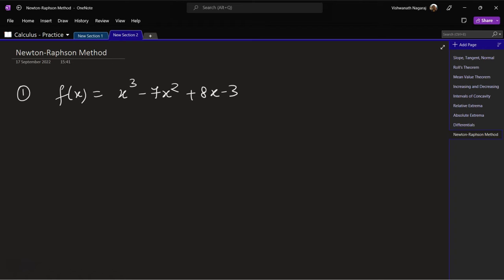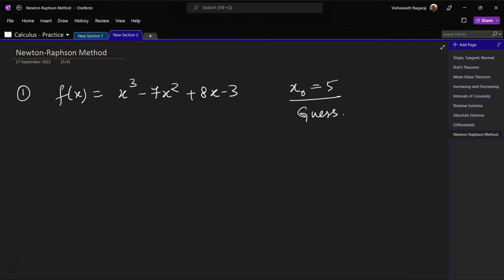Okay, so how do we figure this out? We are given that the zero is somewhere near 5, that is x0 equals 5. So this is our guess. Either it has been given to us or we have to guess this.